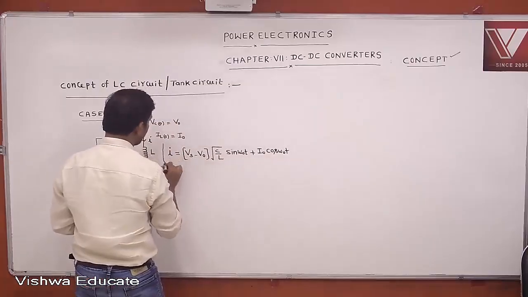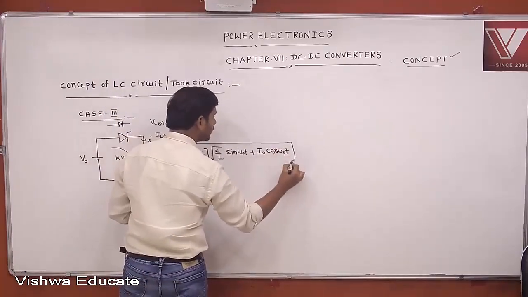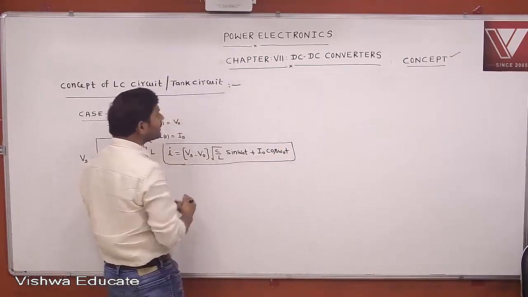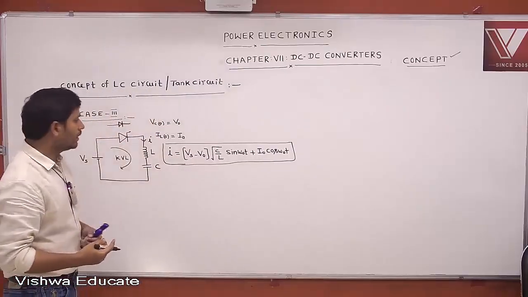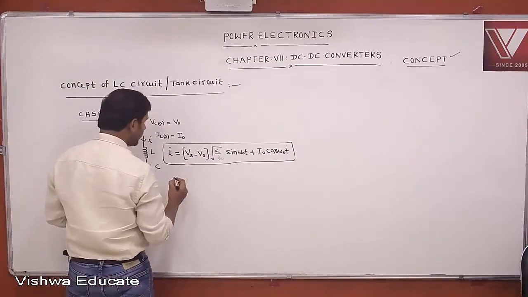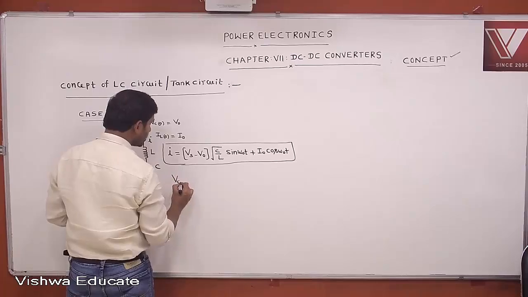This is the expression for I. If the current in the inductor is also given, then how to write the voltage across the capacitor?